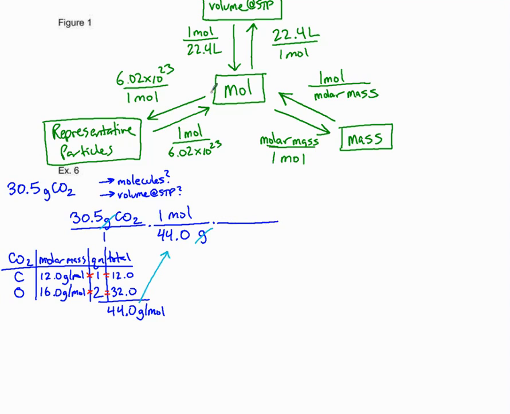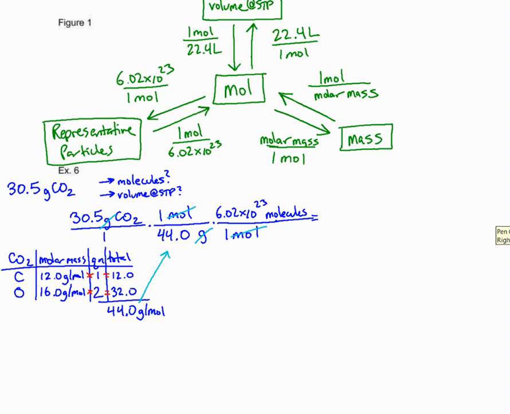So we are going from moles to representative particles. We need moles to be on bottom, and we need 6.02 times 10 to the 23rd to be on top. Now this is specifically a number with a unit. Representative particles is just the basic idea. The unit here is the molecule because CO2 is a covalent compound. We see that moles will cancel out and we're left with molecules.